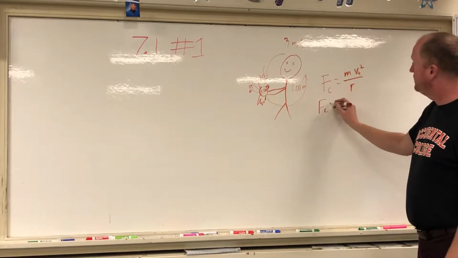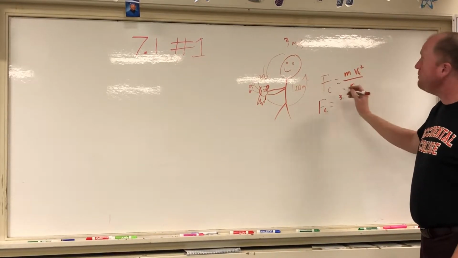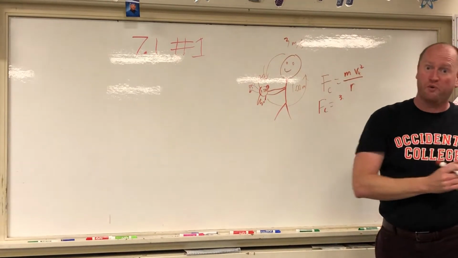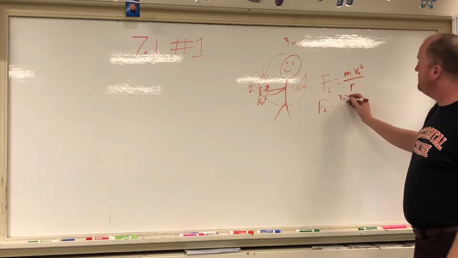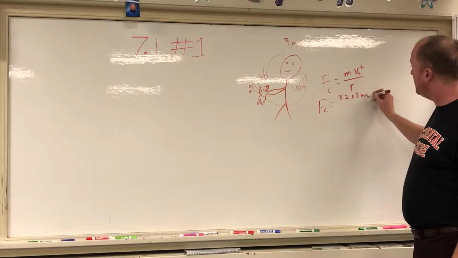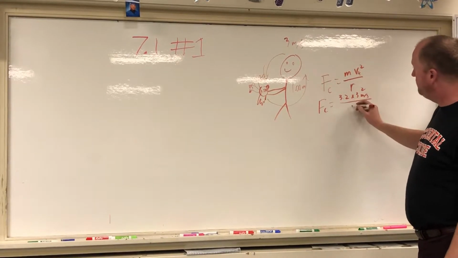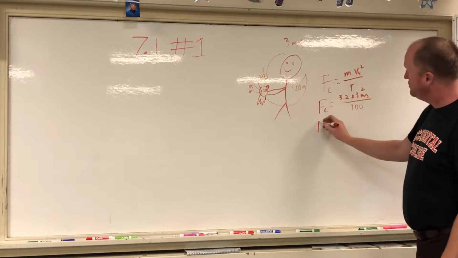So, the centripetal force is equal to the mass of my chicken. Now, a lot of people ask, is it my mass or the chicken's mass? Well, the chicken is the one that's being pulled around. So it is your chicken's mass, or whatever your pet is. 3.2 times 3 meters per second squared all over my radius, which for me is a nice little 1.0.